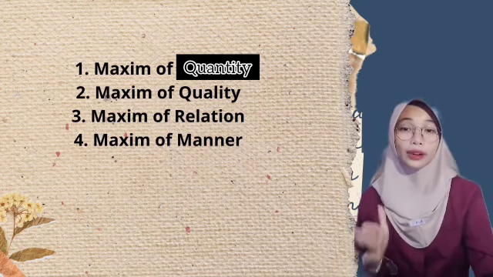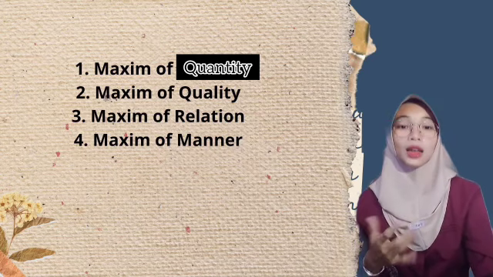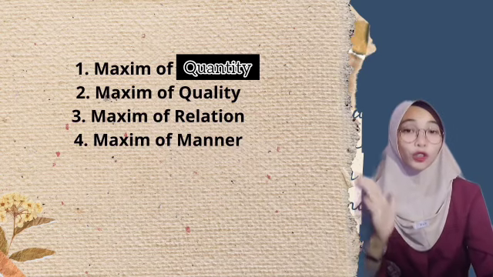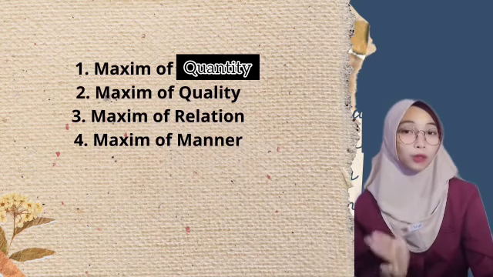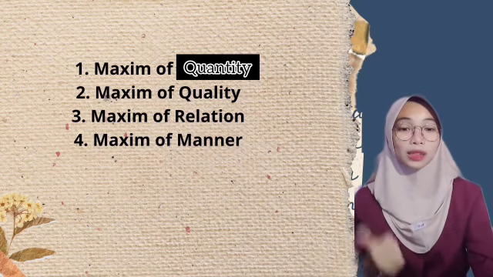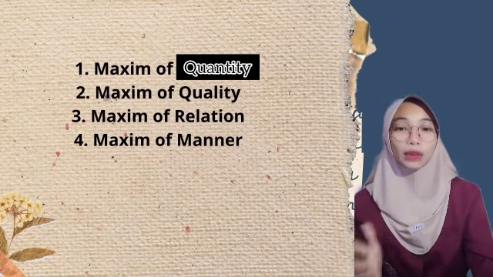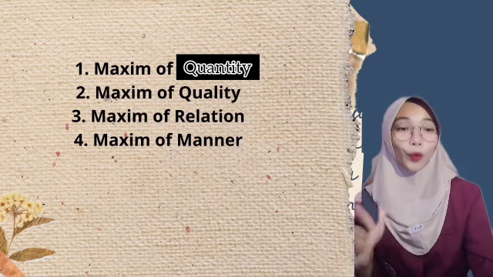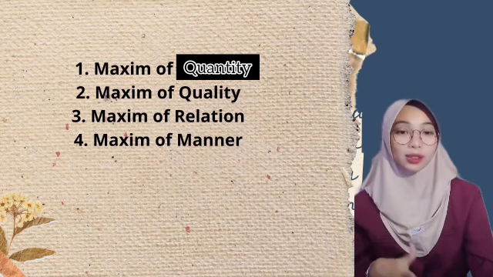Below are the following maxims. Grice and Yule say, be truthful. This is the maxim of truthfulness, and the rules of this maxim are, first, don't say what you believe to be false, and second, don't say that for which you lack adequate evidence.